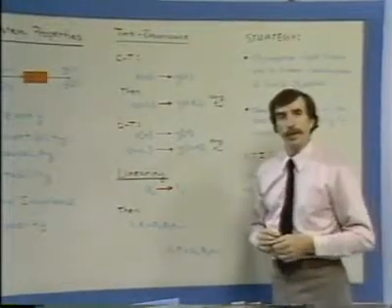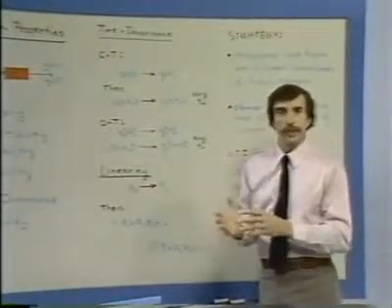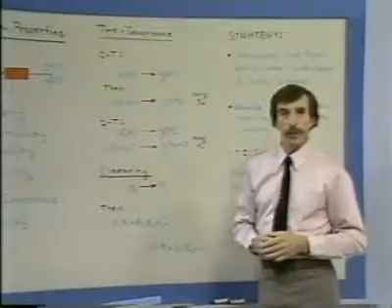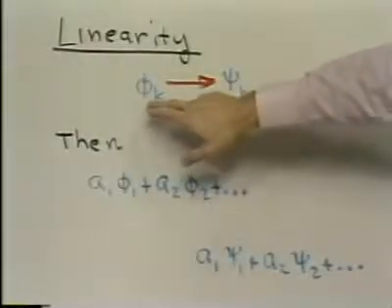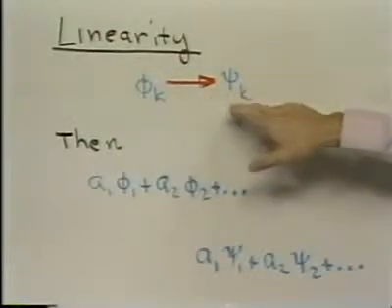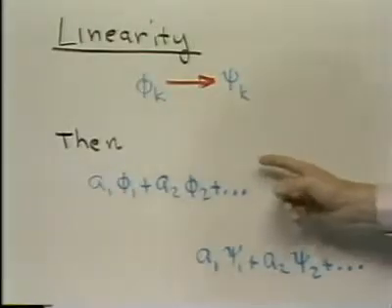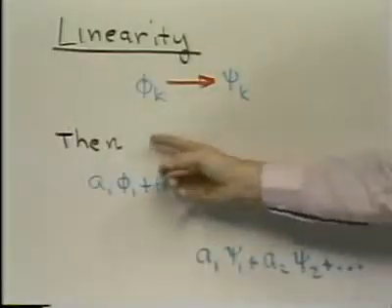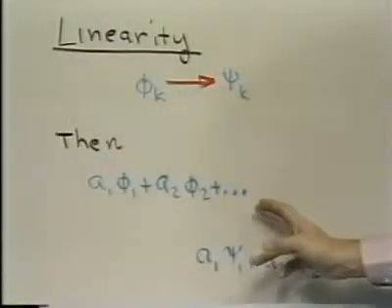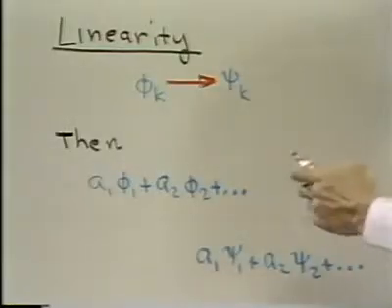Linearity was a property related to the fact that if we have a set of outputs associated with a given set of inputs, as I've indicated here with the inputs as phi sub k and the outputs as psi sub k, then the property of linearity states that if we have an input which is a linear combination of those inputs, then the output is a linear combination of the associated outputs.